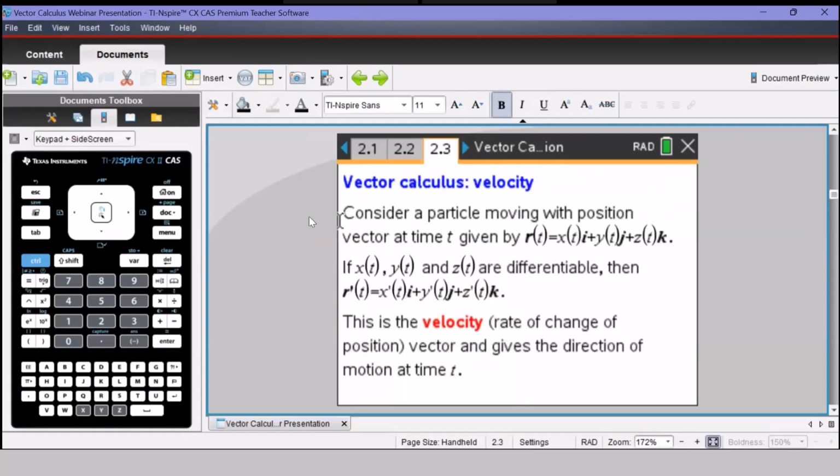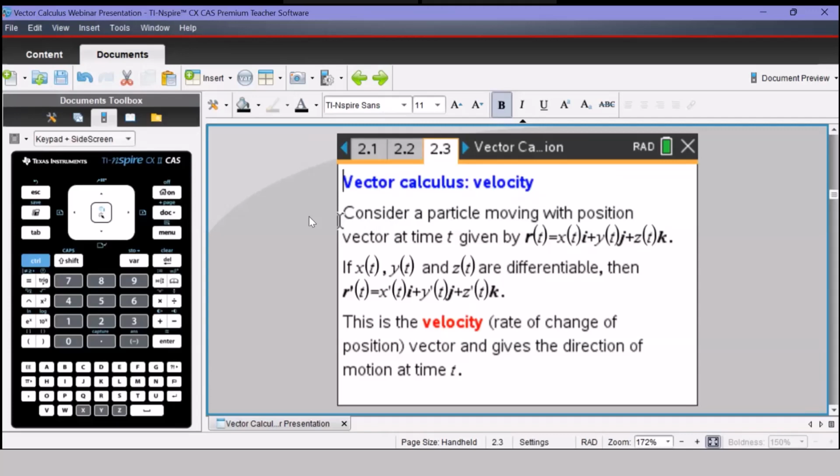We can go a little bit further and talk about velocity. So if we consider a particle moving with position vector at time t, given by r of t is x of t i plus y of t j plus z of t k. Now, under the condition that x of t, y of t and z of t are in fact differentiable, then note here that I've used Lagrangian notation.